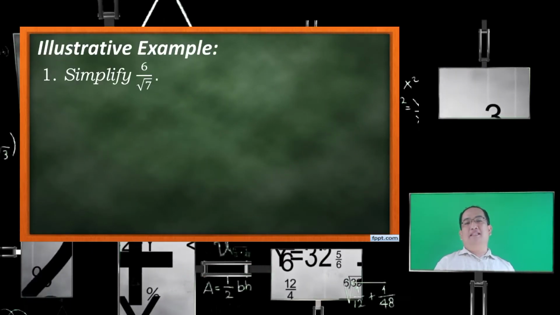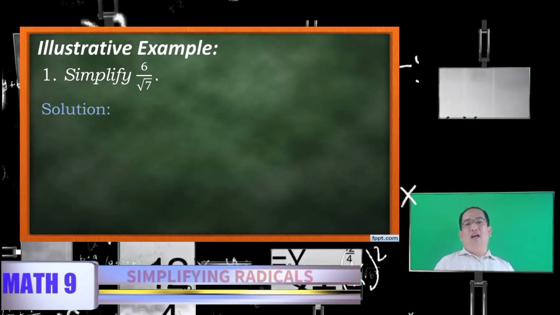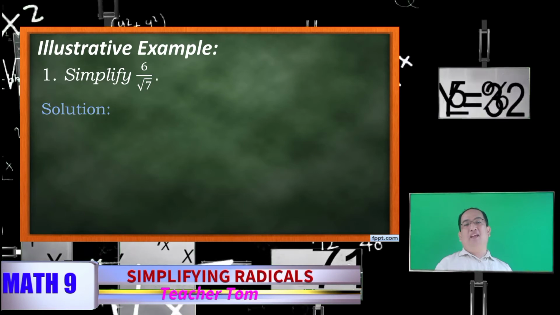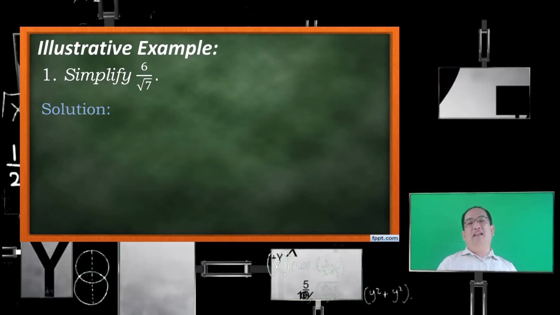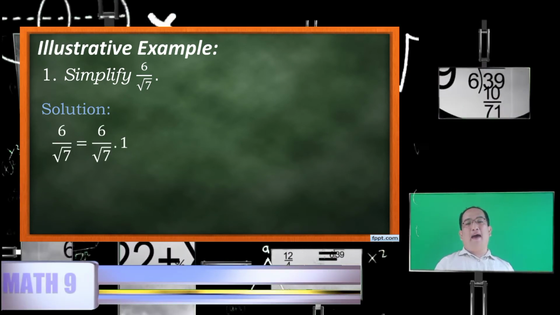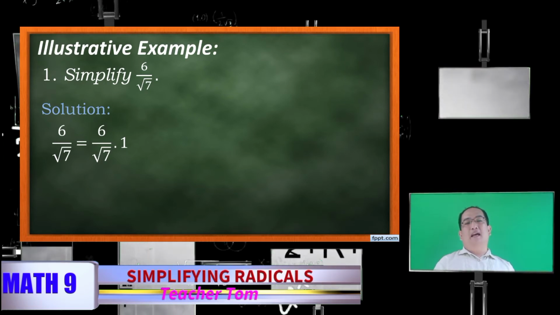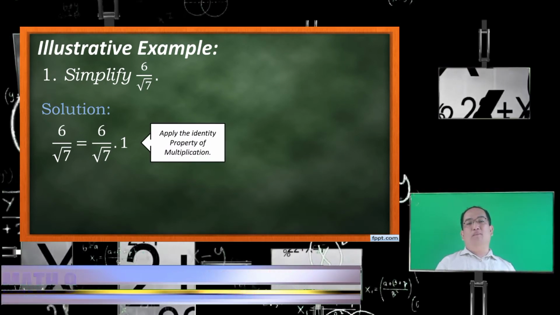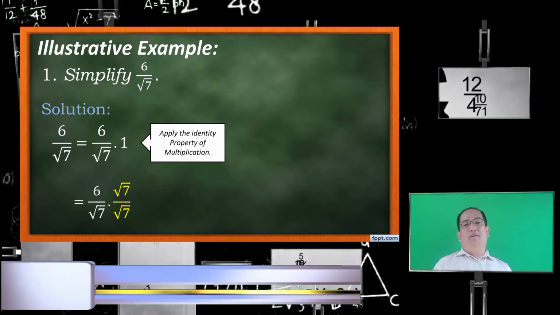Simplify 6 over square root of 7. Notice that the denominator is a radical. So we have to remove the radical in the denominator. So based on the solution, 6 over square root of 7 can be expressed as 6 all over square root of 7 multiplied by 1, applying the identity property of multiplication.